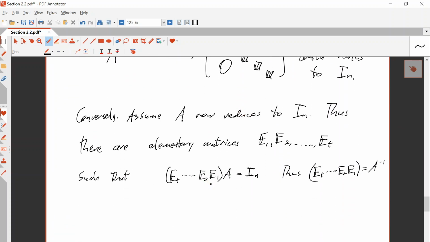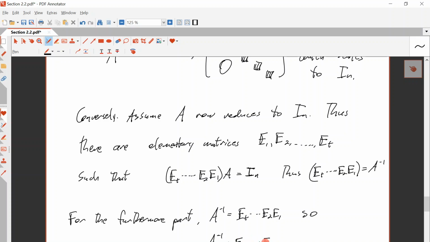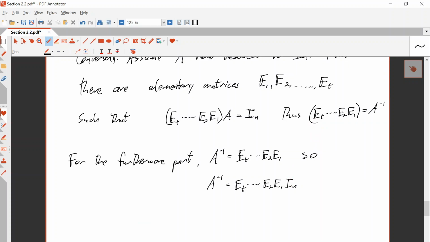Okay, so this is A inverse. For the furthermore part, A inverse is equal to Et ... E2 E1. So A inverse is equal to Et ... E2 E1 In, because when you multiply by the identity matrix, you just get the same thing.